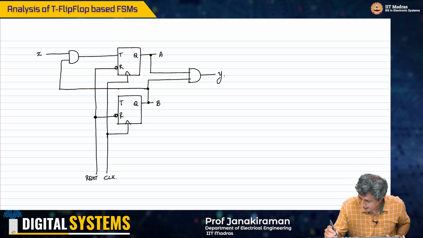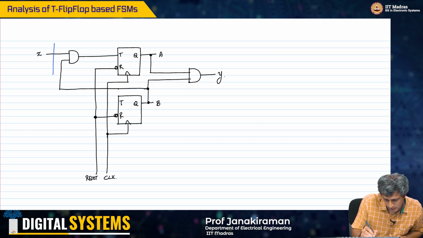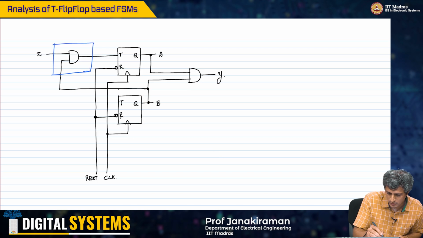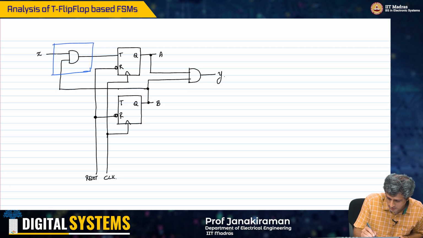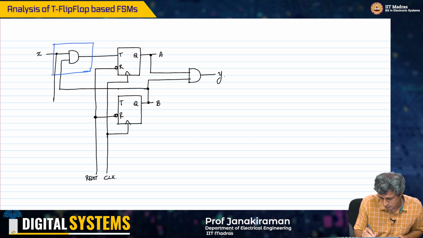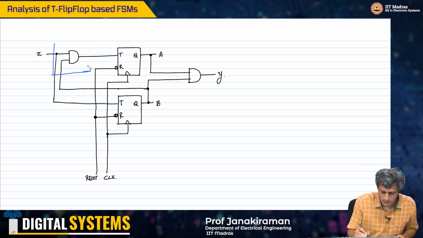So now again going back, what is combinational block 1, combinational block 2? Well, this is combinational block 1. And what about T, by the way? Oh, sorry, I forgot the second input.